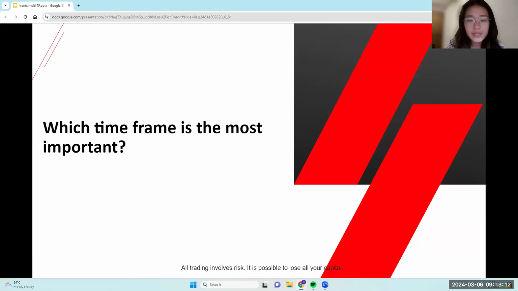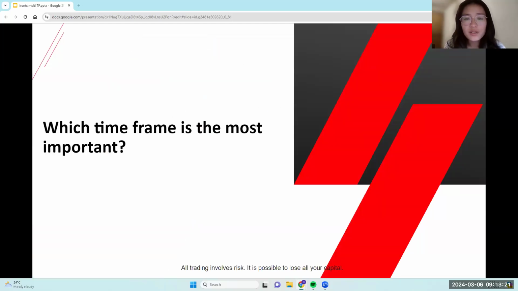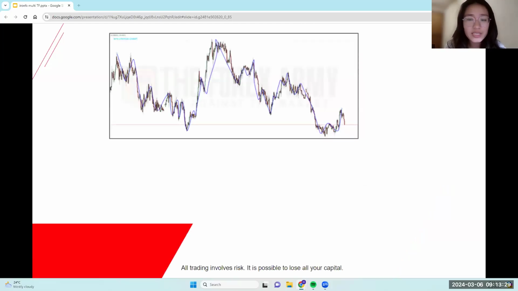So which time frame is the most important? One important thing that we can do to our analysis is to adjust the time frames so that the market structure is clearer. Here we have an example of an unclear market structure. This is on the 15-minute time frame, and you can see it's really messy.